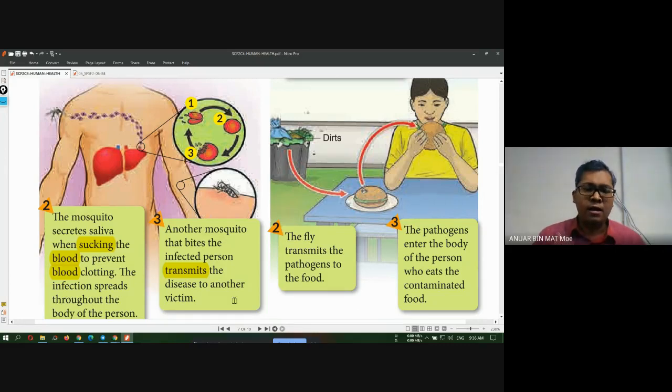That's why sometimes at your place, at my place, there are personnel from the health department who come to do the fogging. You know the white smoke, just to kill the mosquitoes. Maybe one or two persons with special equipment. They call it fogging.